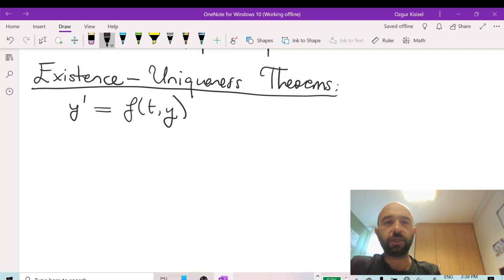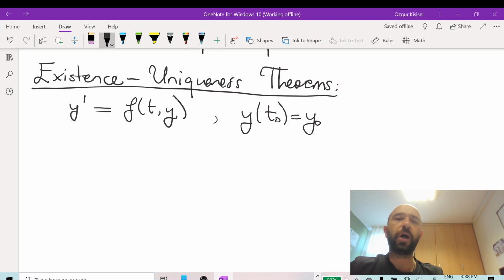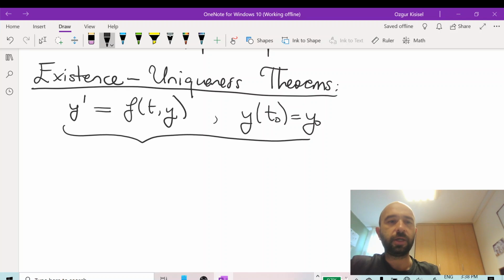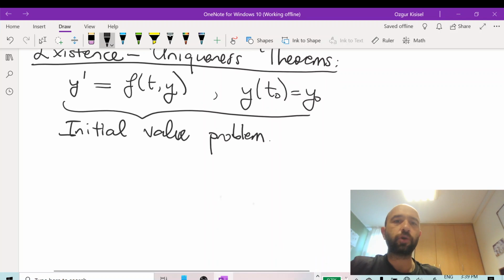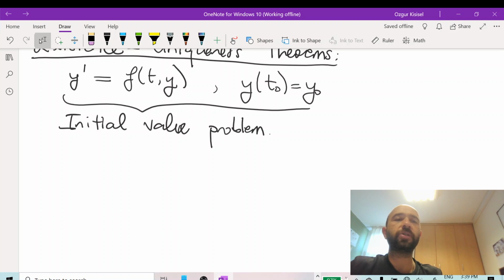But if you also put an initial condition, like y of t0 equals y0, now it is an initial value problem. Again, our experience so far in the problems that we solved says, okay, you find a free constant here, but when you plug in the initial condition, that tells you the value of the free constant. So you get one solution.